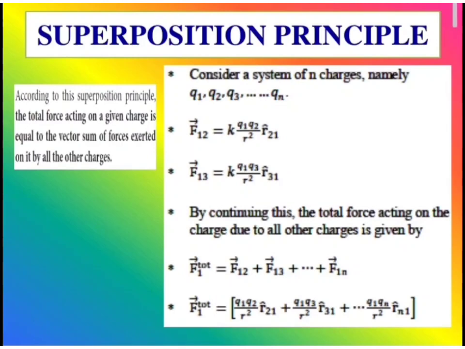Therefore, the net total force acting on charged particle 1 is equal to k q1 q2 divided by r square r21 cap plus k q1 q3 divided by r square r31 cap plus k q1 q4 divided by r square r41 cap up to k q1 qn divided by r squared rn1 cap.